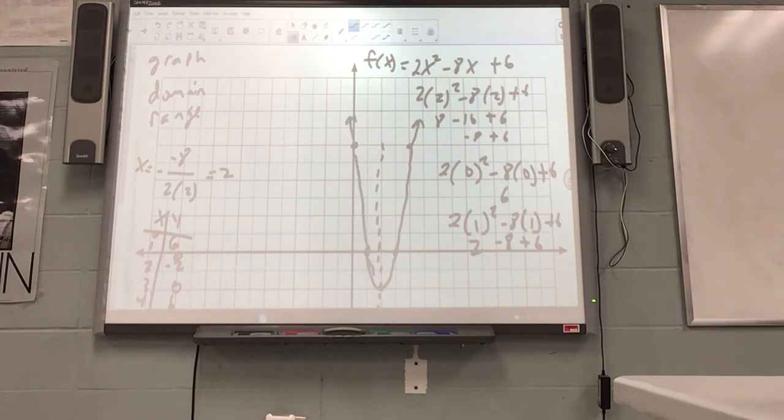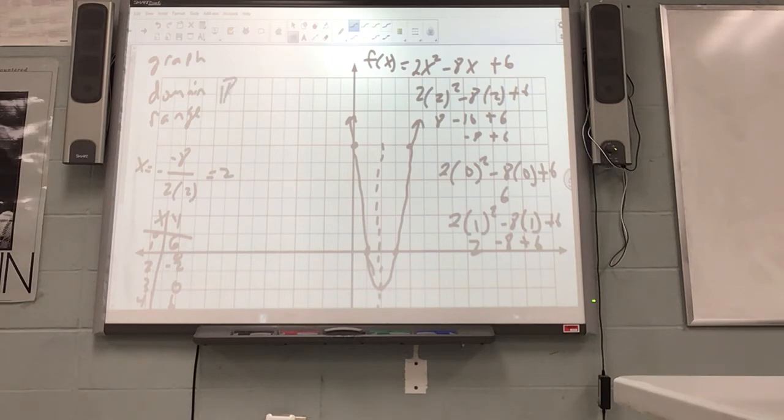Okay, how'd you do on just the graph part? Any questions on just the graph part? Good. What's the domain?